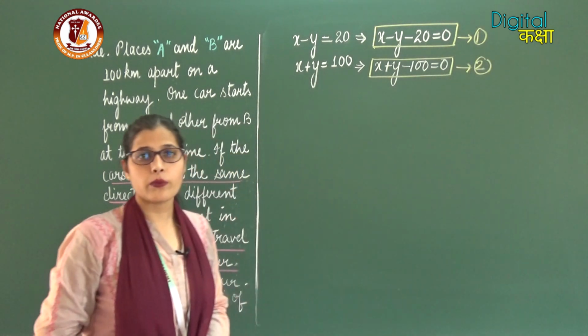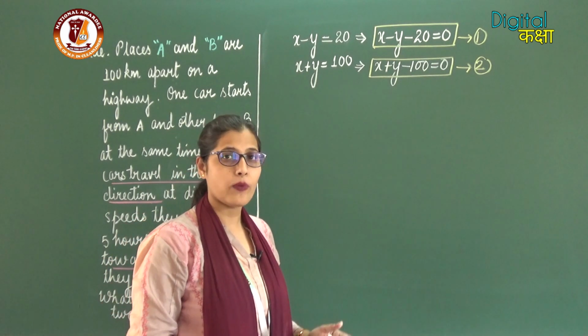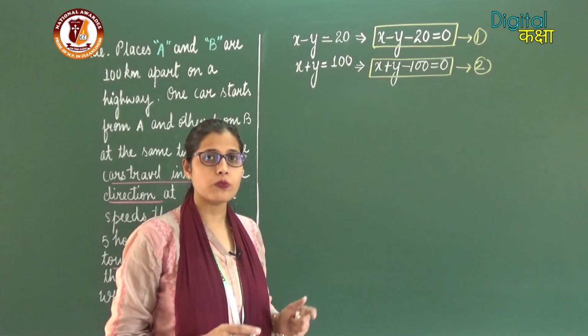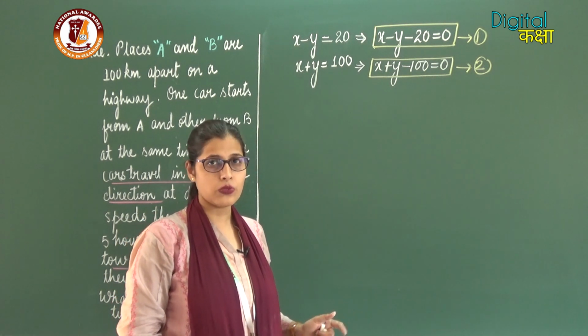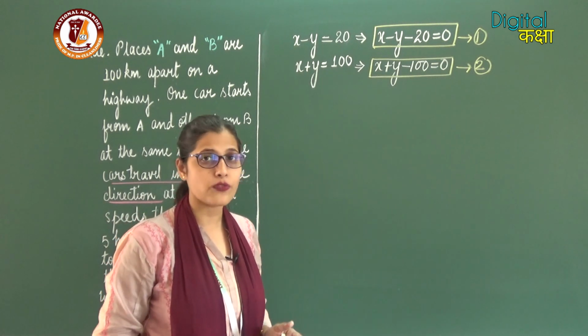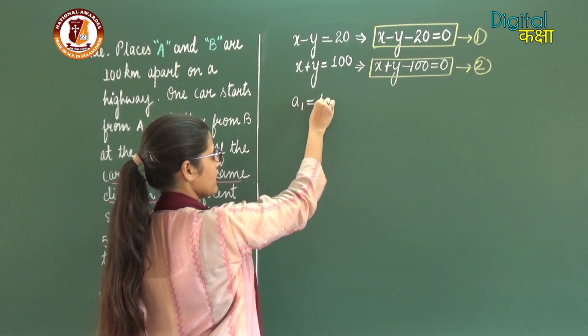Now from the given equations, we will be finding the values of A1, B1 and C1 and A2, B2 and C2 by comparing these equations with the standard form. So the value of A1 will be 1.